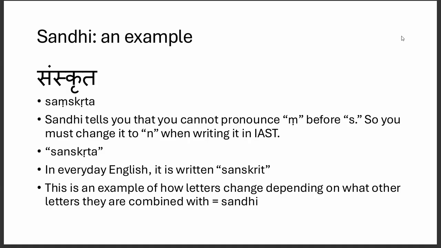Now you will remember from learning about the anusvara, which is the next to the last of our 16 vowels, that it's an M sound. It nasalizes the previous vowel into more of an M sound.